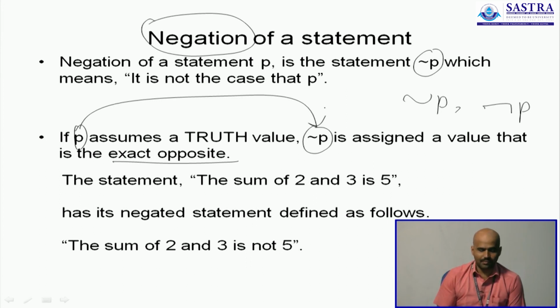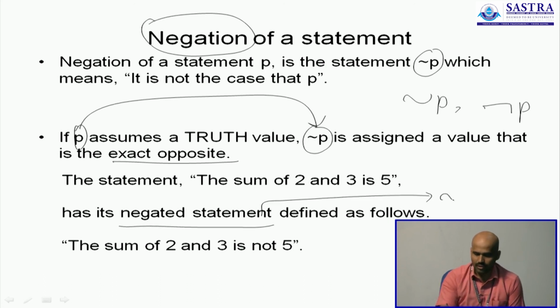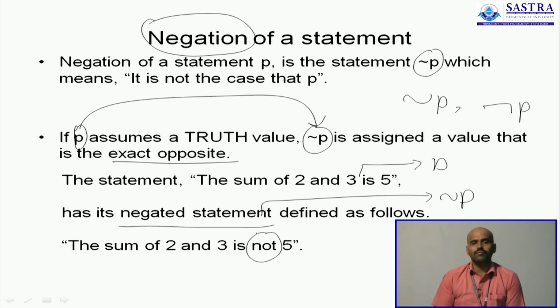So we have an example here. The sum of 2 and 3 is 5. We call this P. The negated P is read as follows: the sum of 2 and 3 is not 5. Now if you look at the definition, you can learn this. It's not the case that it is P. You're just denying it.